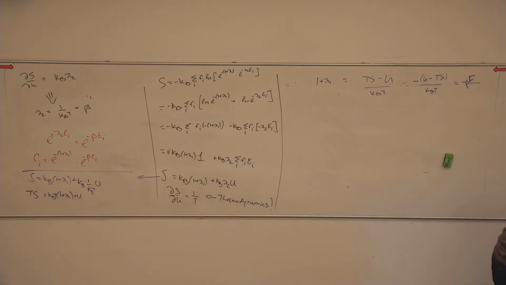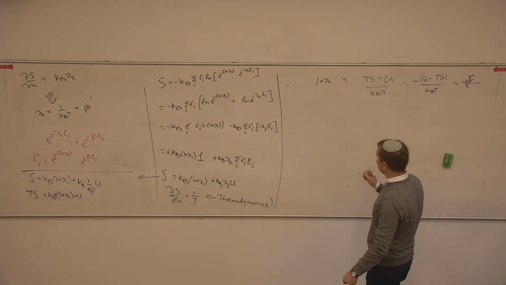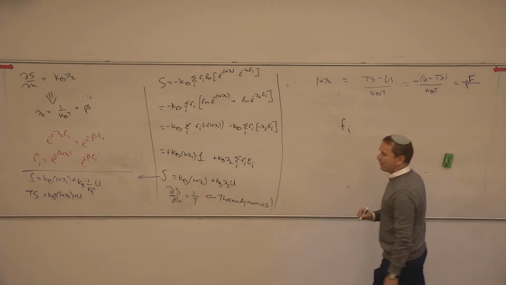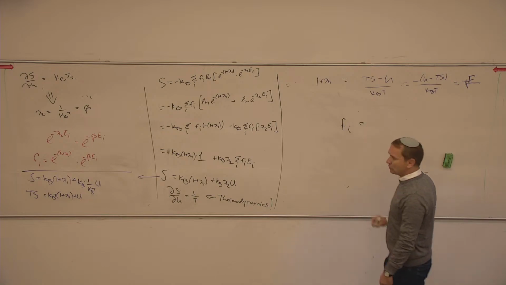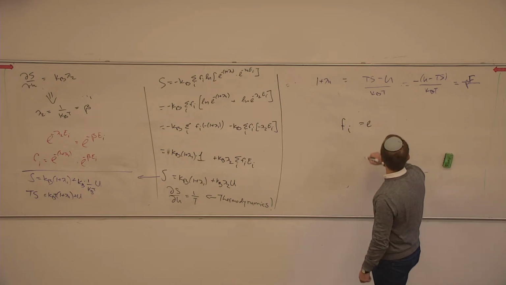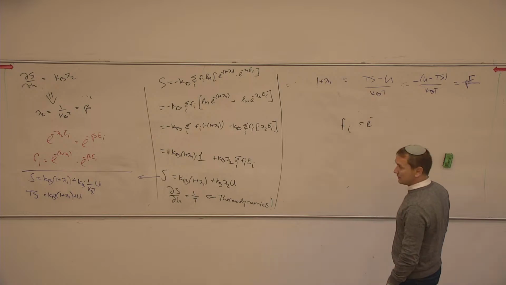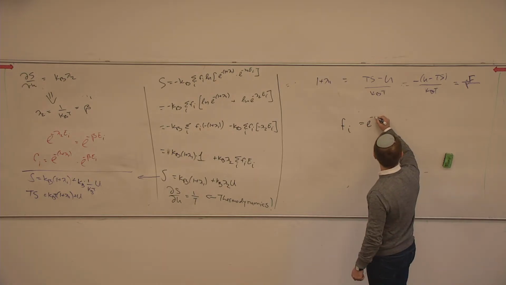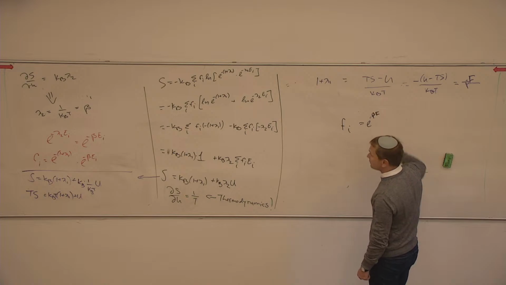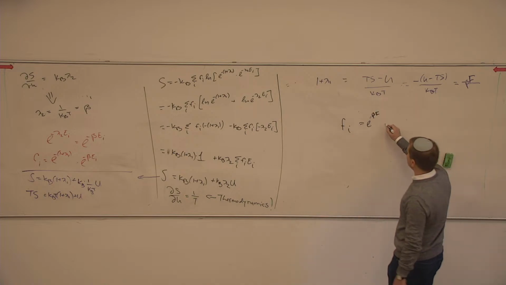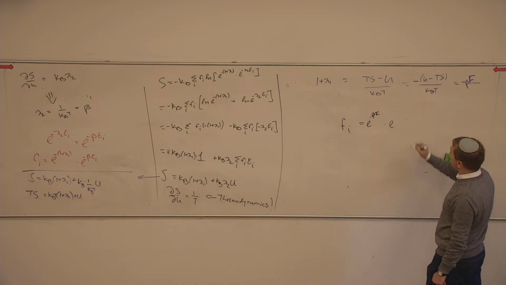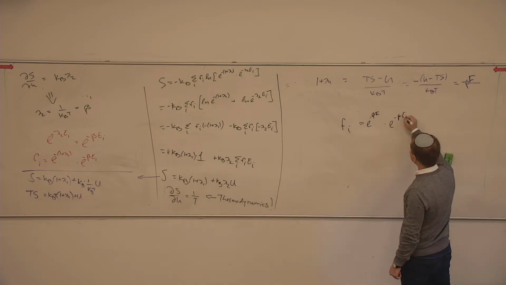We have the following result: fi equals e to the power beta F, multiplied by e to the power minus beta ei.